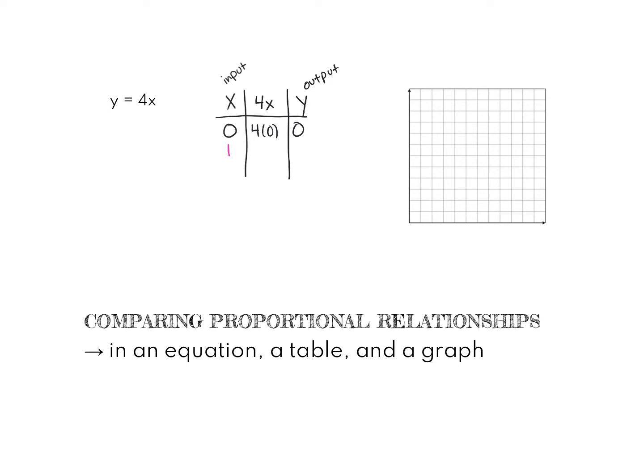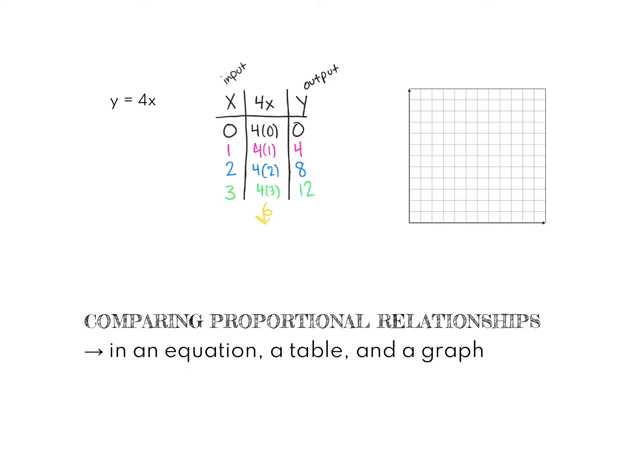If I plug 1 in, 4 times 1, my input is 1, my output is 4. If my input is 2, 4 times 2, my output will give me 8. And if my input is 3, 4 times 3 will give me 12. I'm just going to extend these lines a little bit.